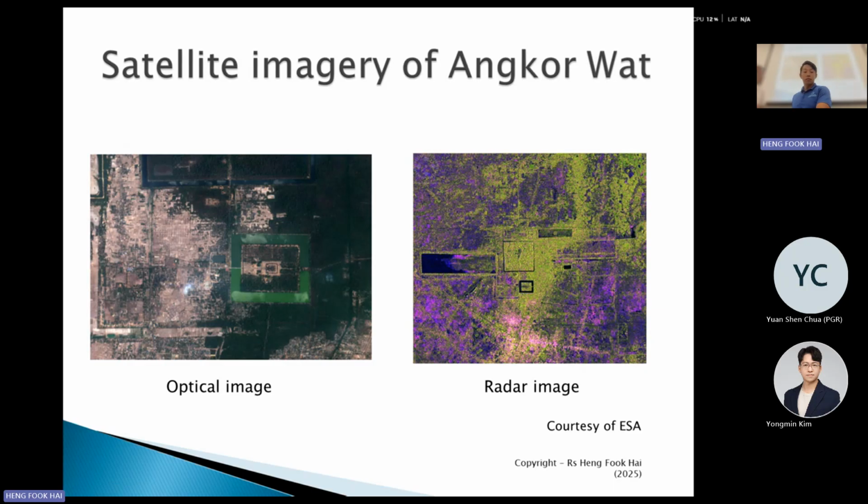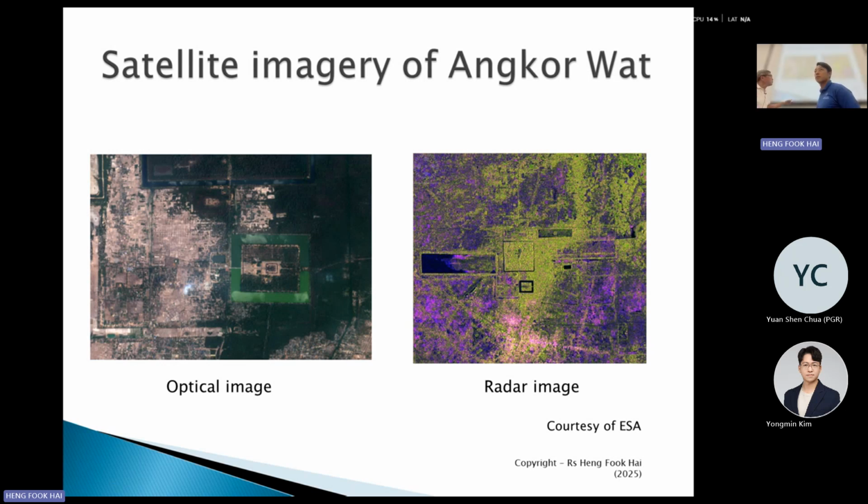Looking at this satellite imaging, if you are using optical images, the dark side is obstructed by the clouds. So the signal will not be reflected back to the satellite to capture the image.